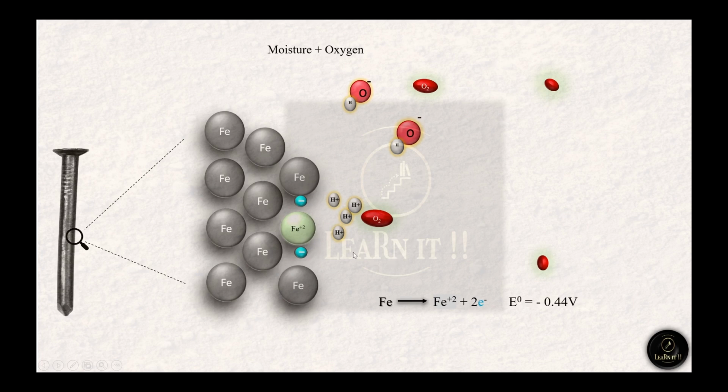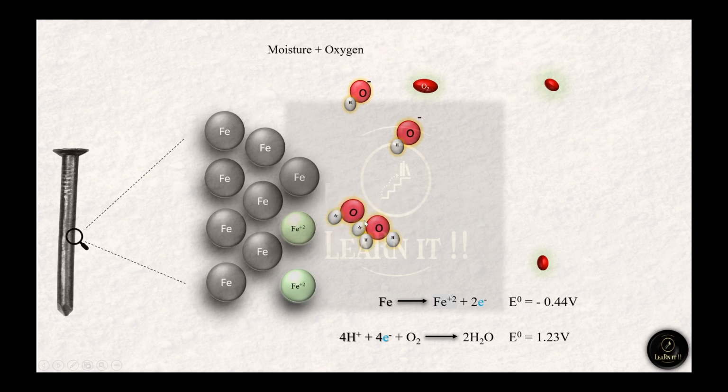These 2 electrons go near the oxygen and 4 H plus ions. Like that, other iron atoms undergo oxidation. When 4 H plus ions consume 4 electrons along with one oxygen molecule, there will be formation of 2 water molecules. This is the reduction process, and the conversion of iron into Fe plus 2 is the oxidation process. So a redox reaction happened.